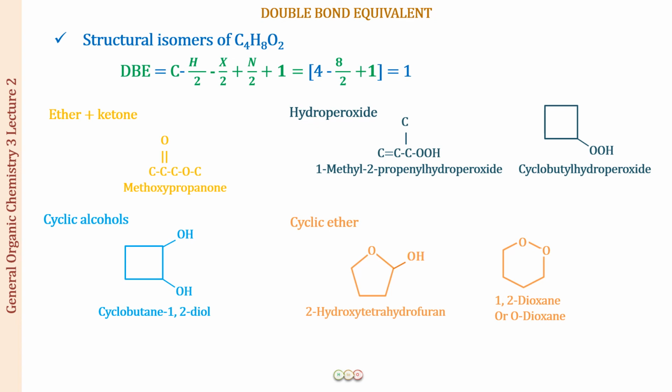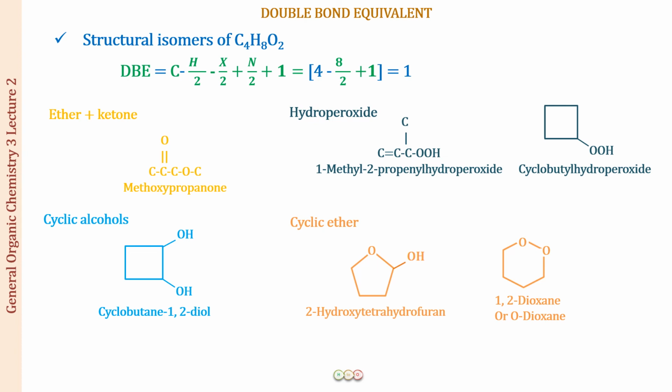Do not worry if you do not know the names of these compounds at this moment, because you're just at the start of learning organic chemistry. The only motive of mine in showing you these possible structures is just to think in what way all possible isomers can be made from a particular molecular formula.